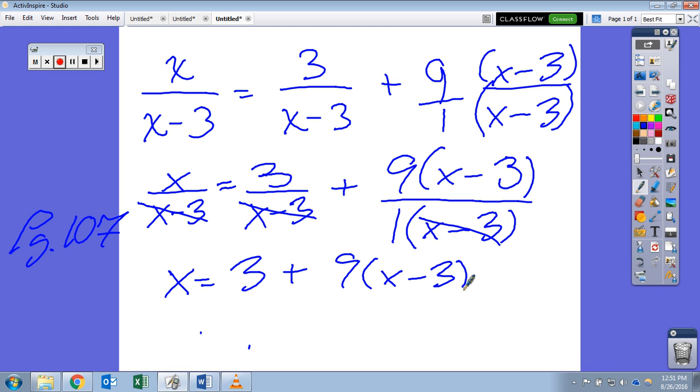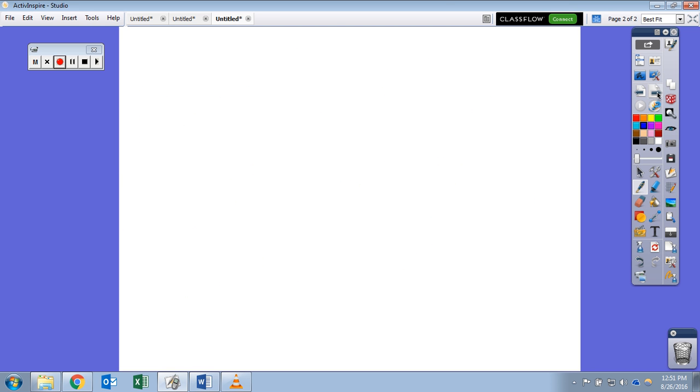Because you can only cancel diagonally or up and down, it makes no sense to say x minus 3 times x minus 3 cancel. They're not really canceling. They're going away to 1 and 1, so it's just being replaced by a 1. Let's keep the fundamental principle very simple.